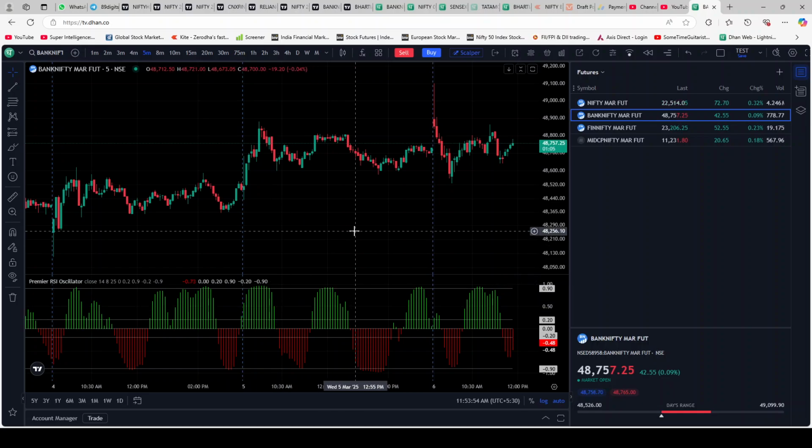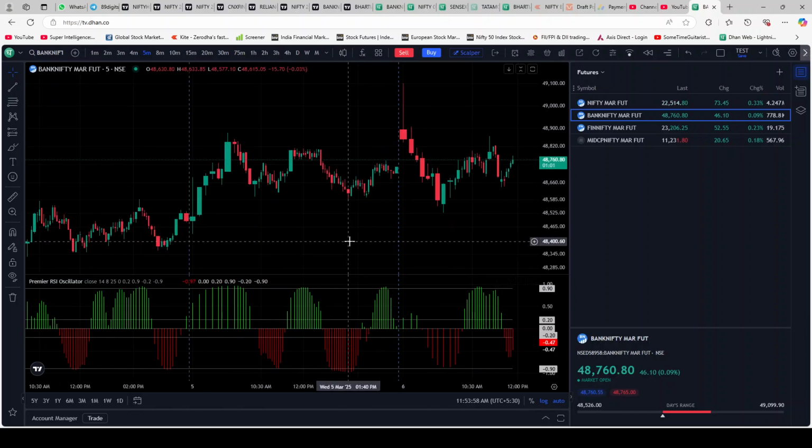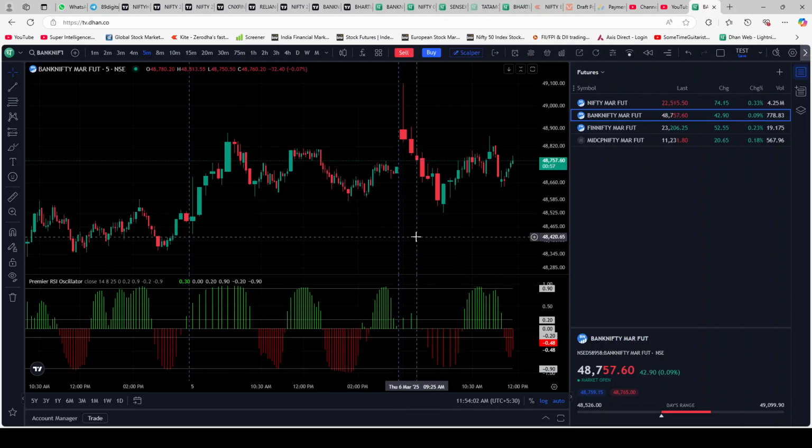I really like what these indicators are doing. Again, I'll move to volume candles so that it looks like this for me. Volume candles again have been introduced since last night, since yesterday. So we have got a couple of new features, 4 new indicators and one new volume indicator on Dhan.